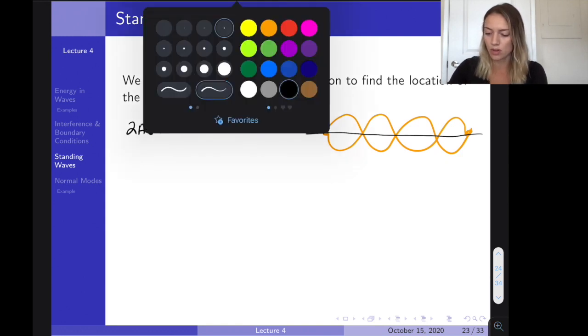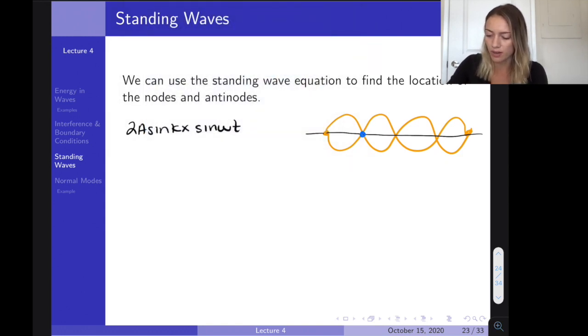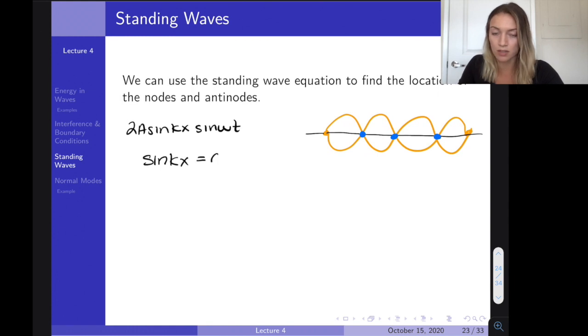And we want to find where on our wave the nodes are. So remember, the nodes are where the displacement is always 0, right? So they never move from the x-axis. So that's going to be in this x part of our standing wave equation, because this sine omega t here is what oscillates things up and down. So we're just going to say, okay, sine kx is equal to 0 where?